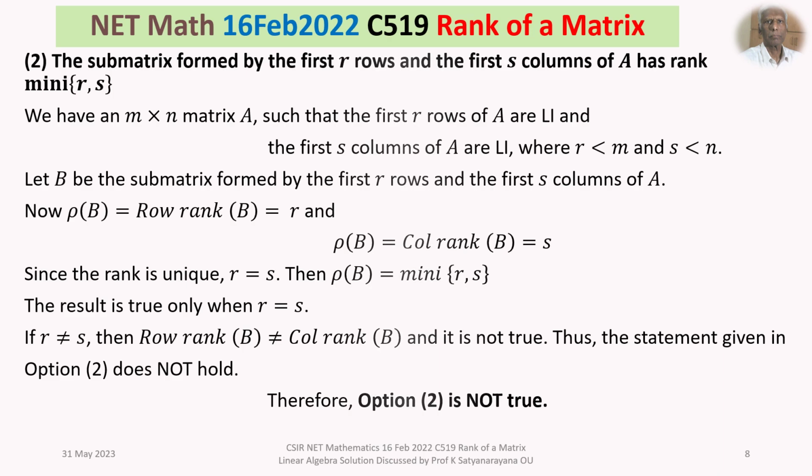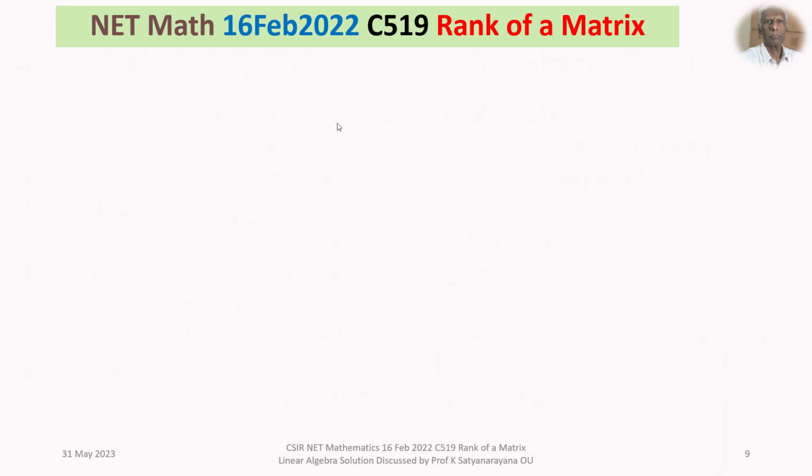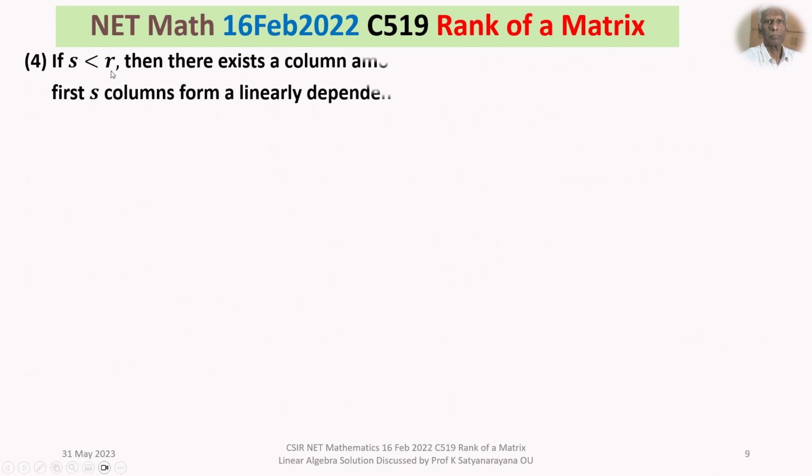So we are left with the fourth option. If S less than R, then there exists a column among the remaining ones, S plus 1, S plus 2, up to N, which together with the first S columns form a linearly dependent set.